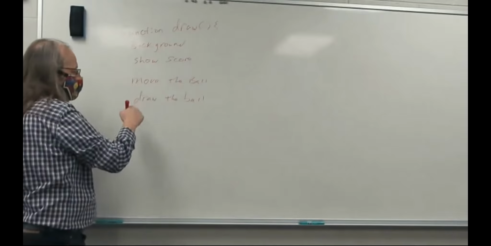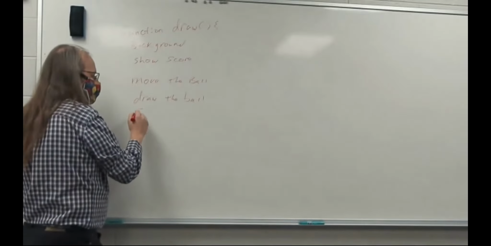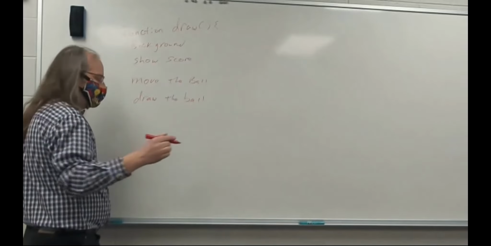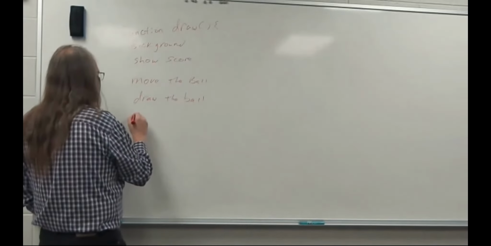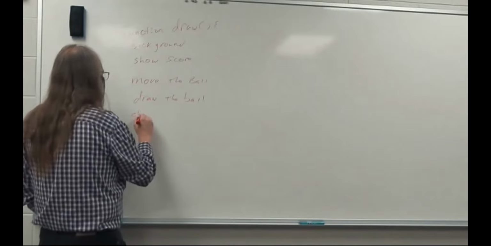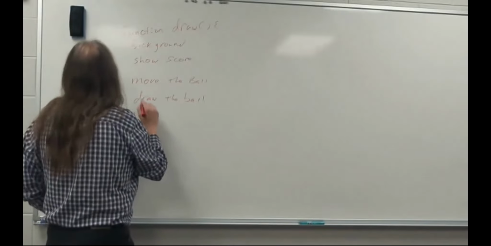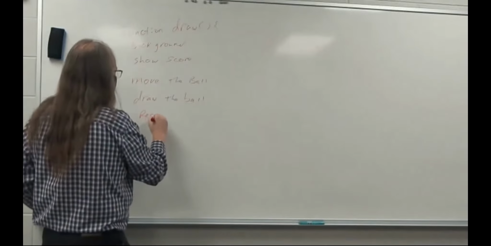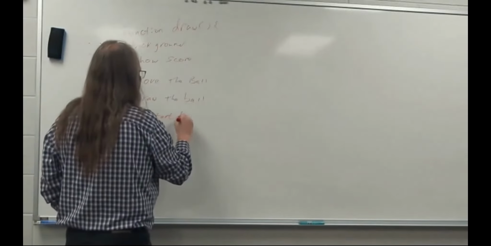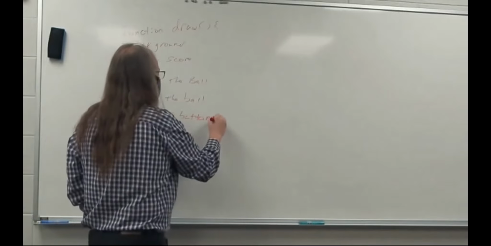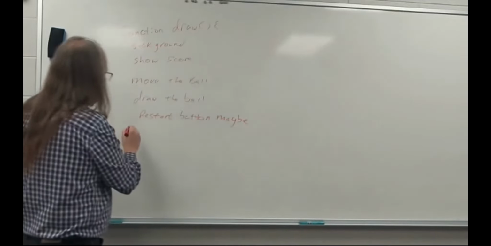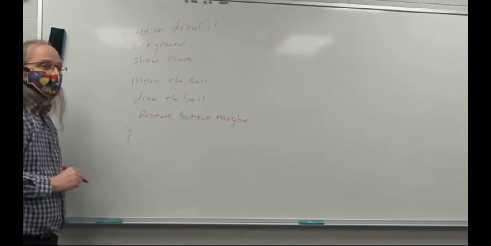And the newest piece we just added was that restart button. We check to see. Let's see. Well, I'm going to write this in here. Restart button, maybe, because we don't want the restart button there all the time, do we? And that's really our draw.